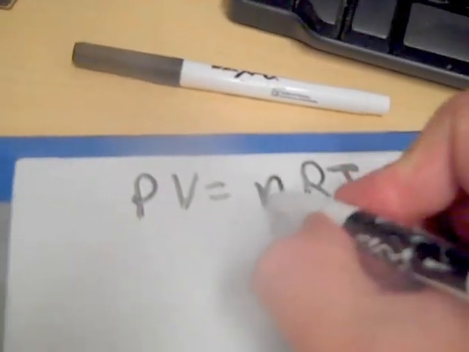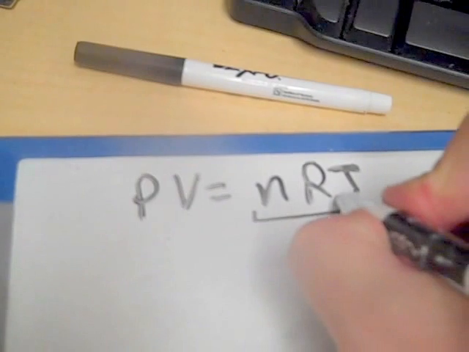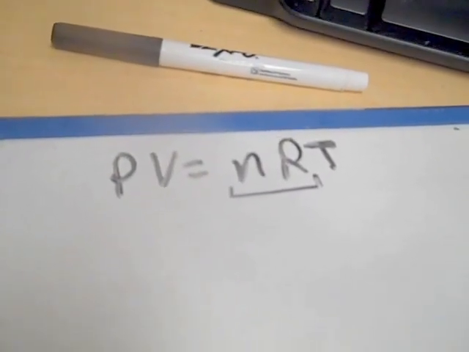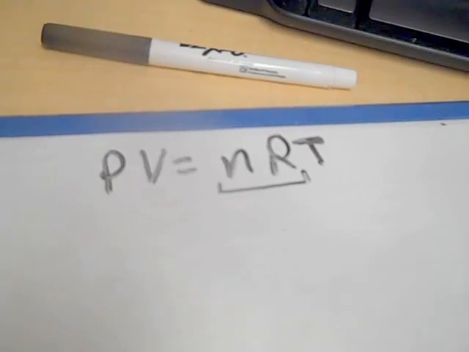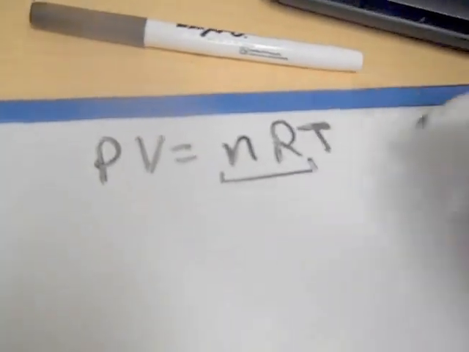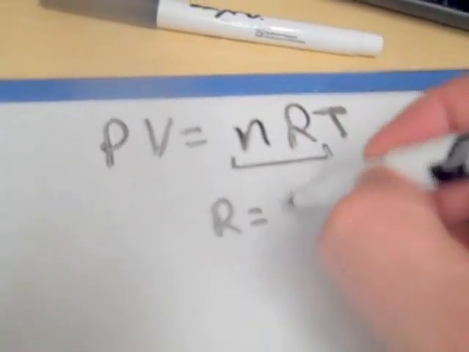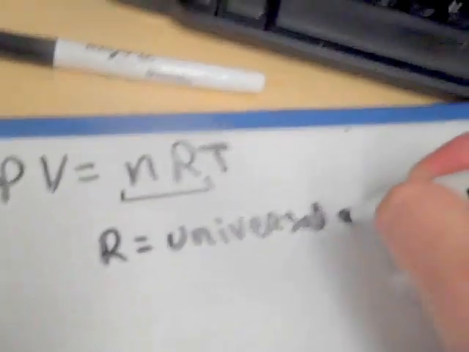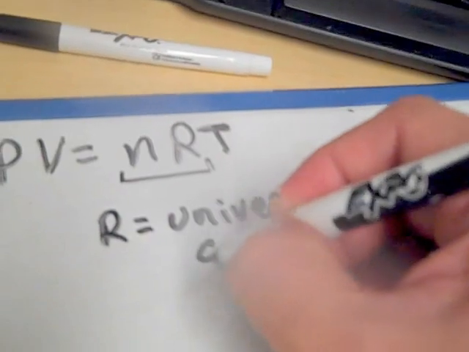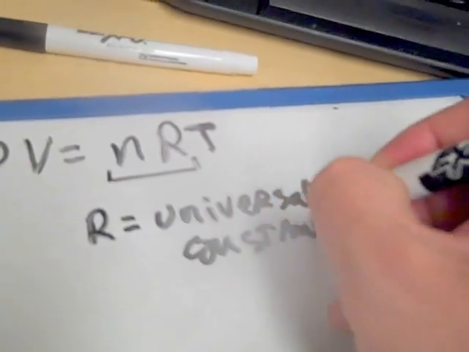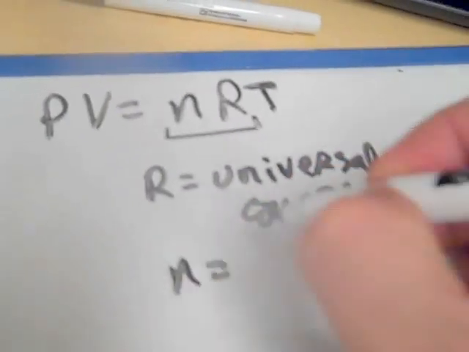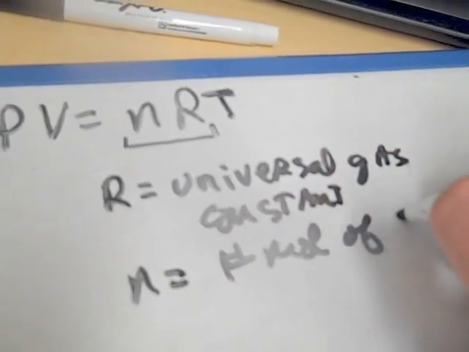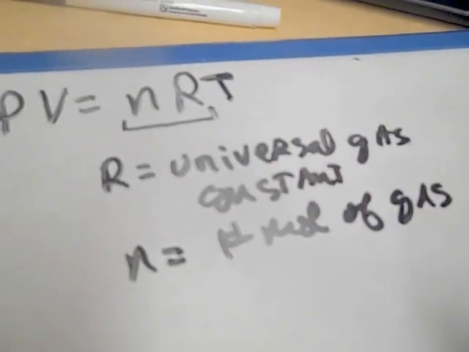By the way, if you notice this, nR, actually that's a constant. That's considered to be a constant, where R is the universal gas constant, and n is the number of moles of gas that's present.